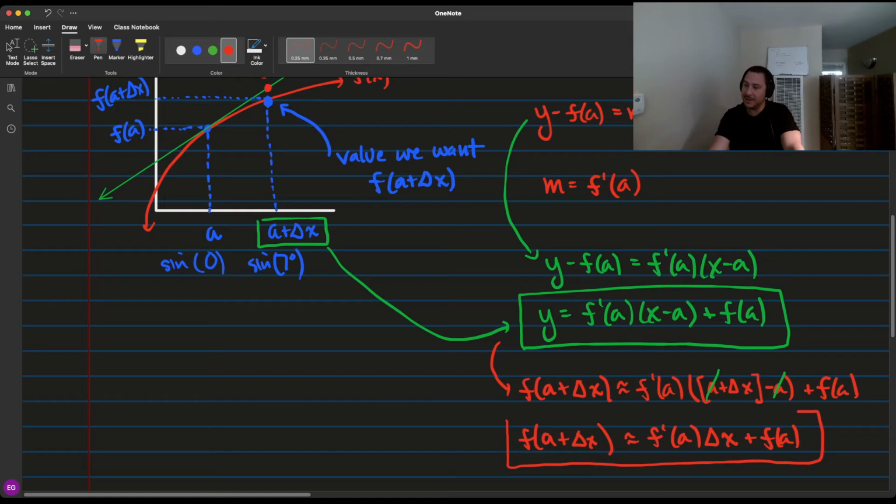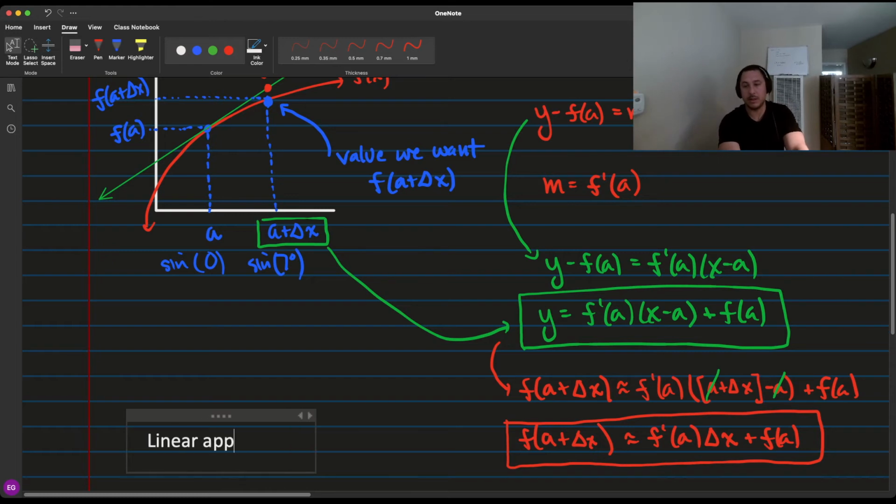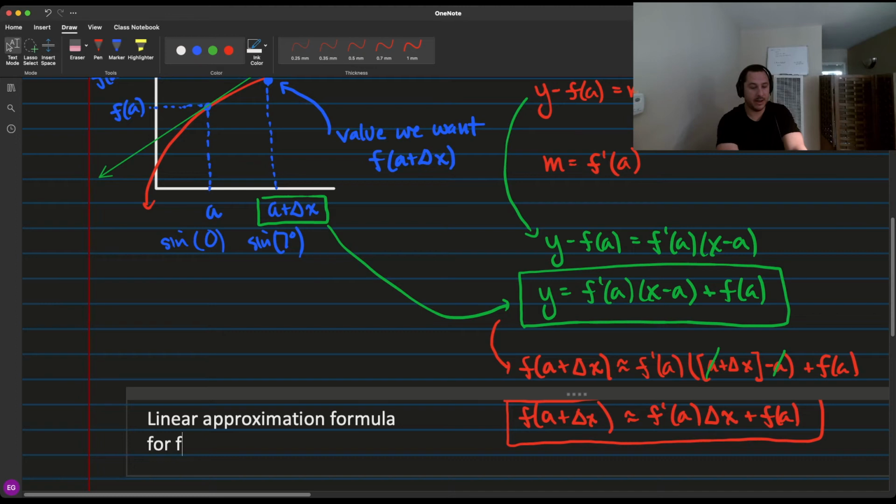This is called the linear approximation formula.